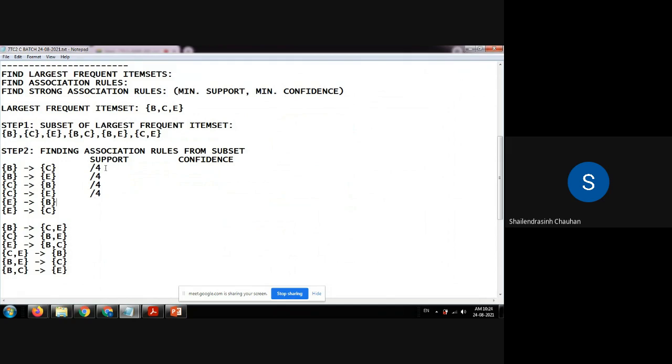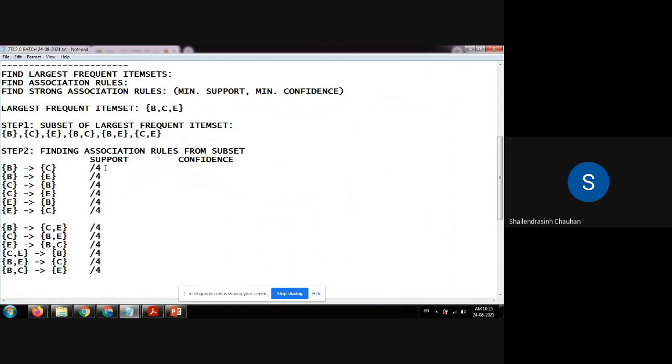That's why it is divided by 4 for all the rules. Confidence, the scenario will be different. So let us try to find out the support first and then we'll go with the confidence.